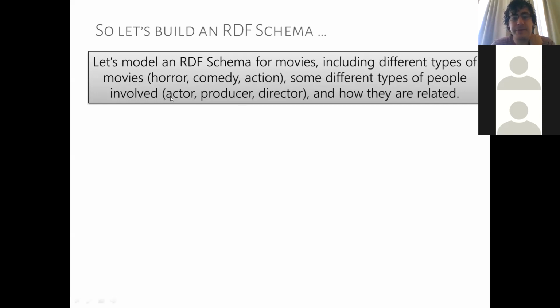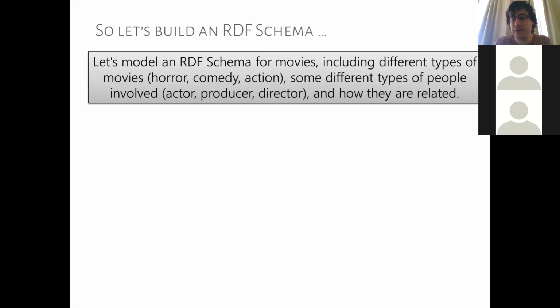Now, some different types of people involved, such as actor, producer, director. We're going to need properties to relate movies to the people that act in them, that produce them, and that direct them. So properties such as has actor, is actor of, has producer, has director. But there are options there again. Do we define it as has director, as in movie A has director person B, or do we define person B has directed movie A?